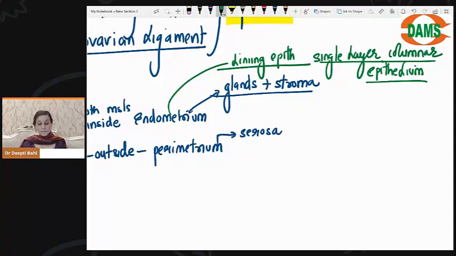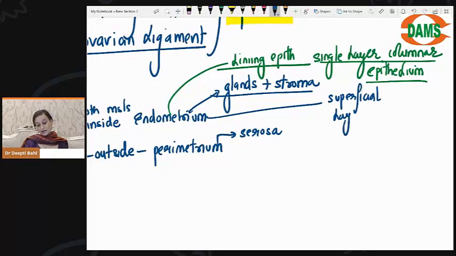Now, when you talk about the endometrium per se, remember it is grossly divided into two kinds of layers. There is a superficial layer, and there is a deep layer.